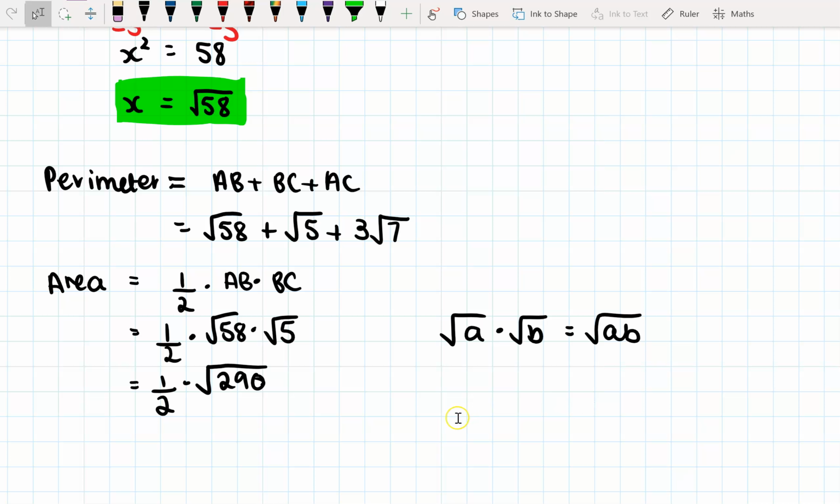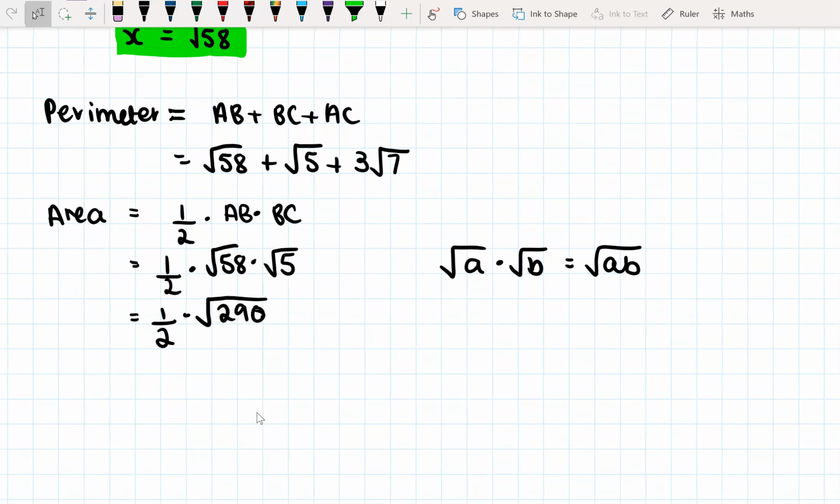We should think about whether 290 can be divided by any of the square numbers to see if we can simplify it. In this case, actually it can't. So we're just going to have as our answer half the square root of 290. And that is our exact answer for the area of this triangle. So this is the kind of thing we want you to be able to do.